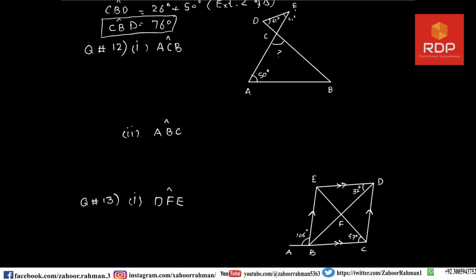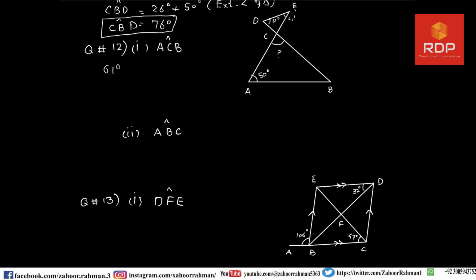Now we have to find this angle first, this one, and then through vertically opposite angles we can find the required angle.